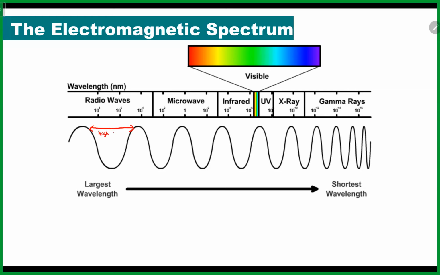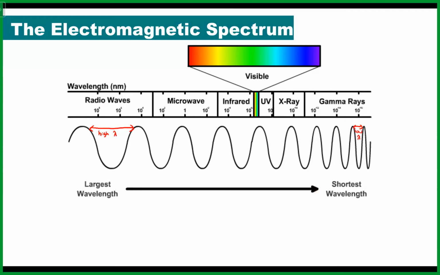They have the highest wavelength. And if you go all the way to the other side, the gamma rays, you can see how these waves have a very, very low wavelength. So radio waves have the largest wavelength, gamma rays have the shortest wavelength, and this change in wavelength happens very gradually from left to right. So this gradual change in wavelength is one pattern shown across the electromagnetic spectrum.